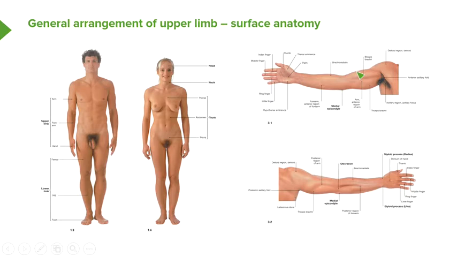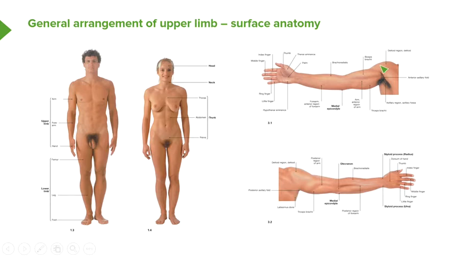On this picture here, we can see an anterior view of the upper limb, and we can see more surface features. We can see this shoulder region, and a region known as the axilla. This is your armpit, and we can see the deltoid, this muscular region that covers the shoulder joint, and we'll look at the deltoid muscle in quite some detail.